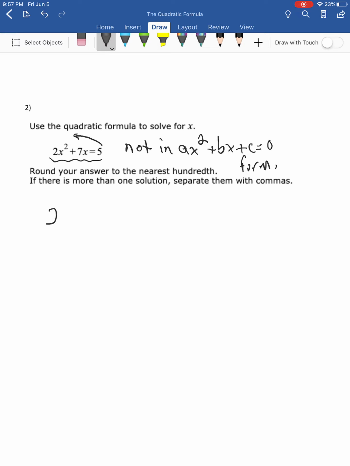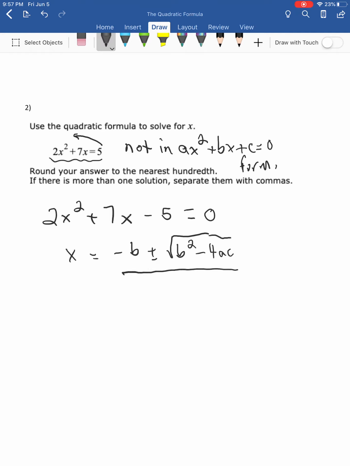That gives us 2x squared plus 7x minus 5 equals 0. Since we're solving with the quadratic formula, let's write it down again. Again, keep writing it down. Now we get the values of a, b, and c. a is 2, b is 7, and c is negative 5.